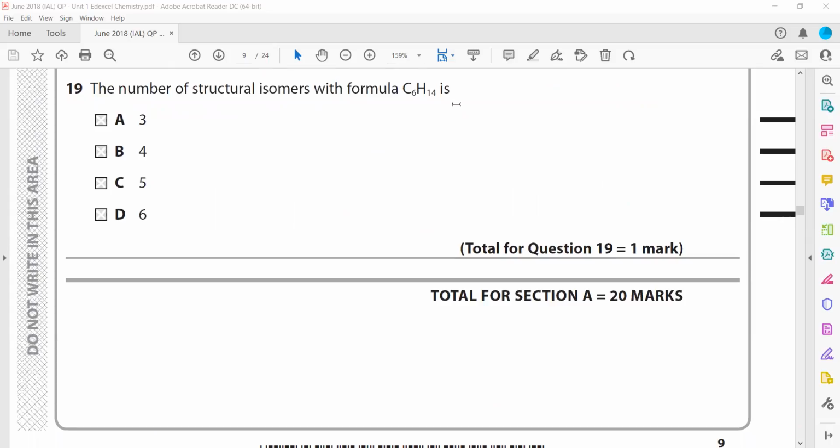The number of structural isomers for C6H14 is... So we have 6 carbon atoms. First, they will be in a straight chain.